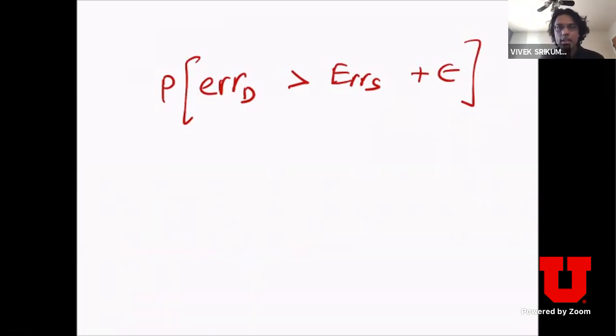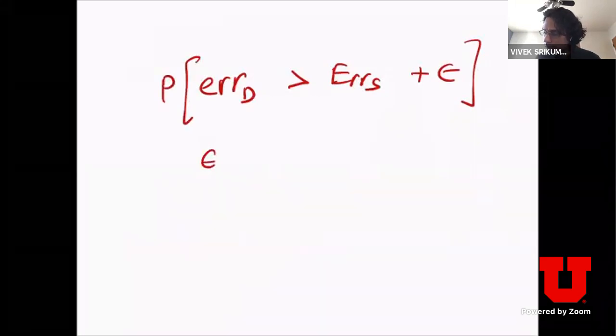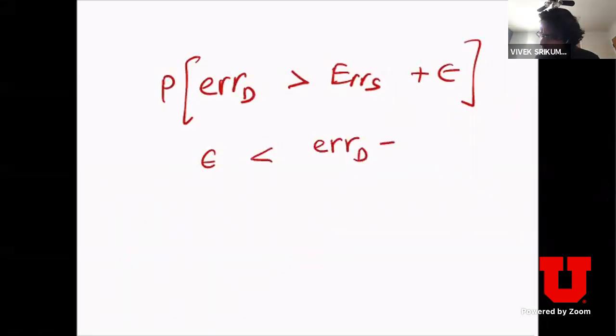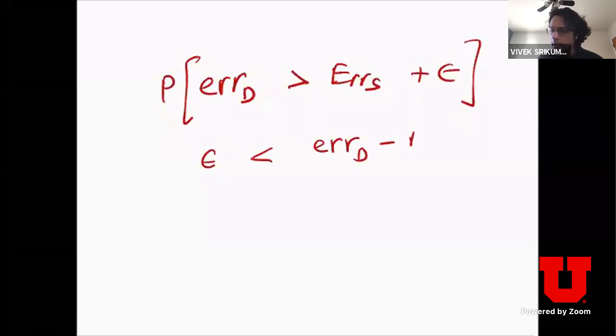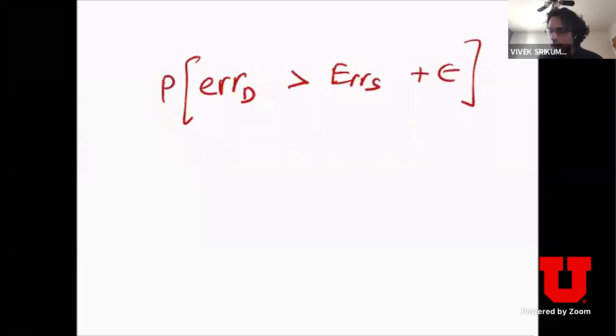Yeah, it's not an equality. The epsilon is a bound on this. So basically we are asking how much worse can it be? What's the probability that error D exceeds error S plus epsilon? We want this probability to be low. So we want this to be less than delta, which means this situation does not happen.